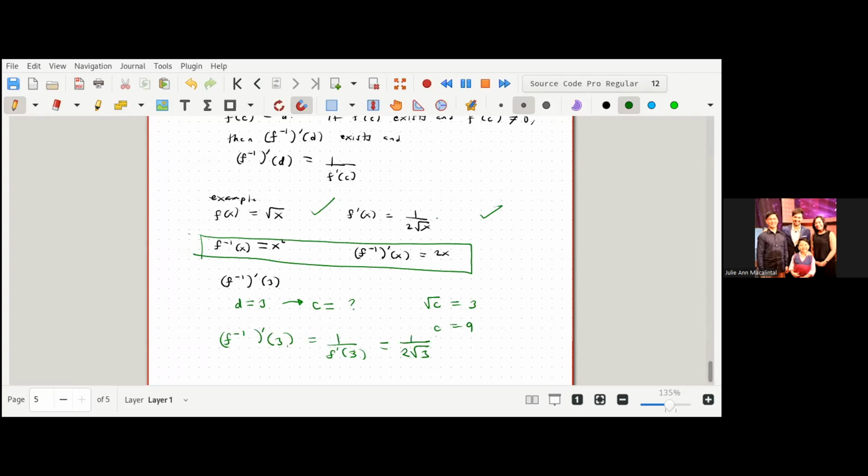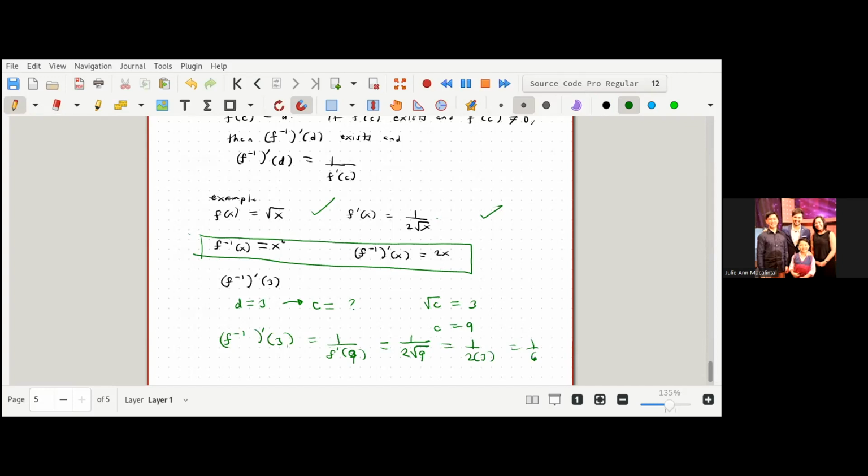This should be c is 9, or 2 times 3, that's 6. That's what we do in this method: we avoid evaluating the inverse.